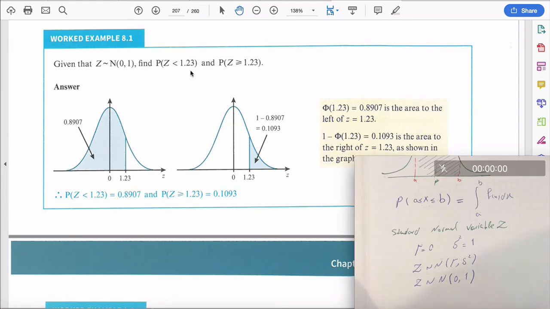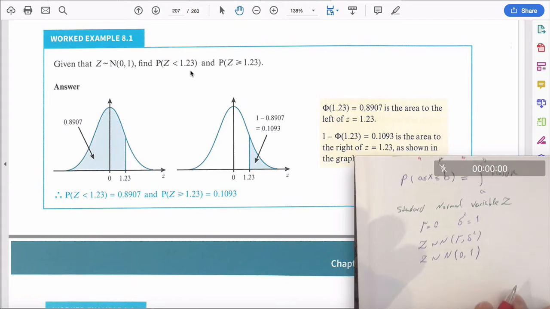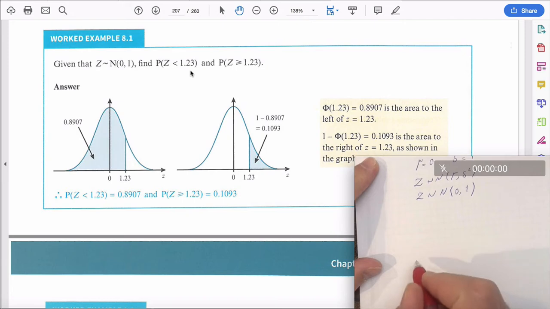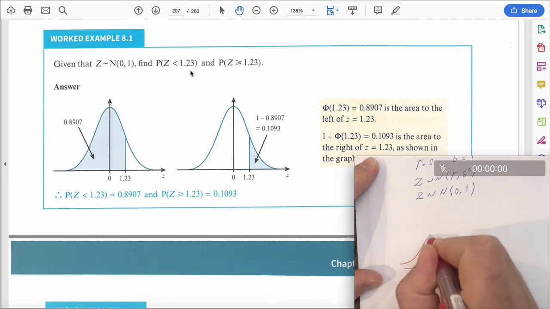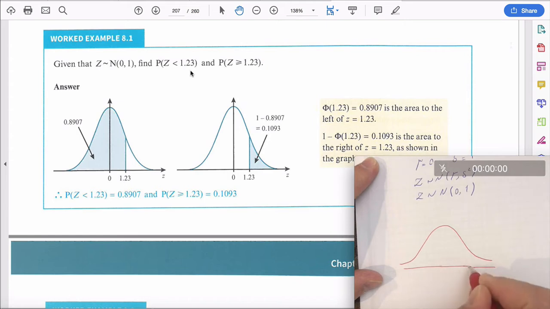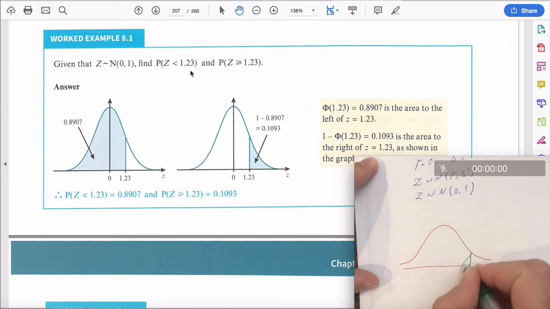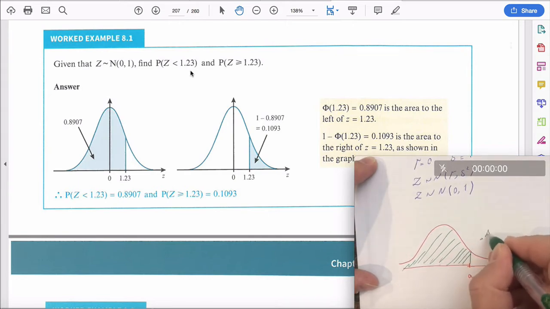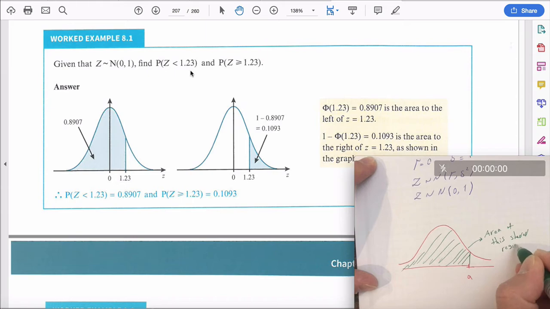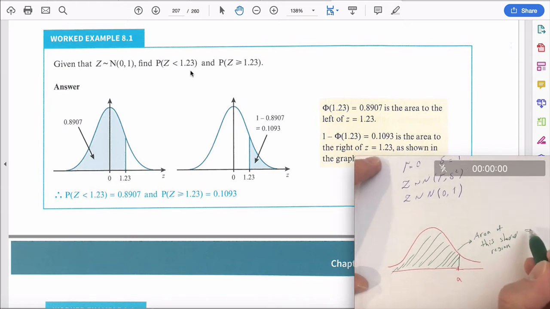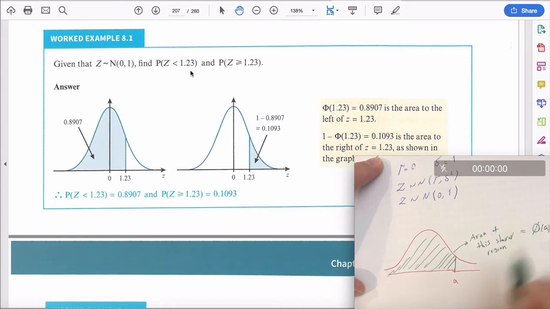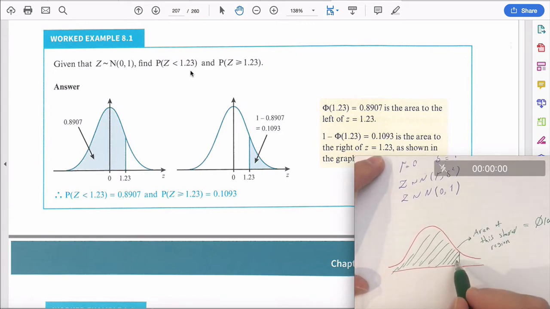Now, just let me tell you one notation before. If you have again a normal distribution, with for example point A, and you are supposed to find this area, this area of this shaded region is denoted by phi of A. So phi of A is the area of this region.